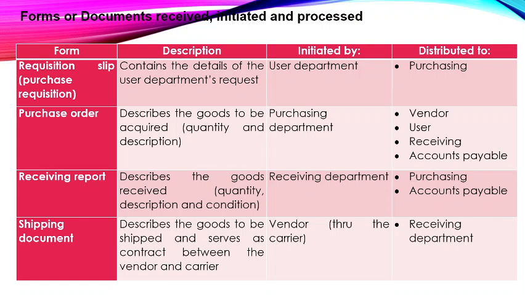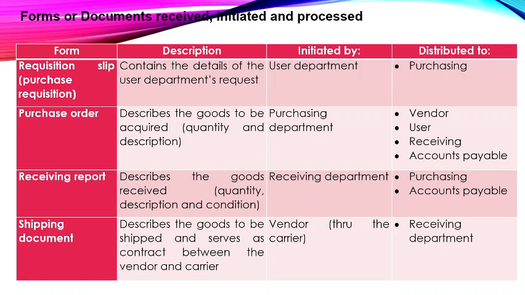It contains the details of the user's department requests, initiated by the user's department and then distributed by purchasing. The purchase order describes the goods to be acquired, quantity and description. It comes from the purchasing department and is distributed to the vendor, user, receiving, and accounts payable.